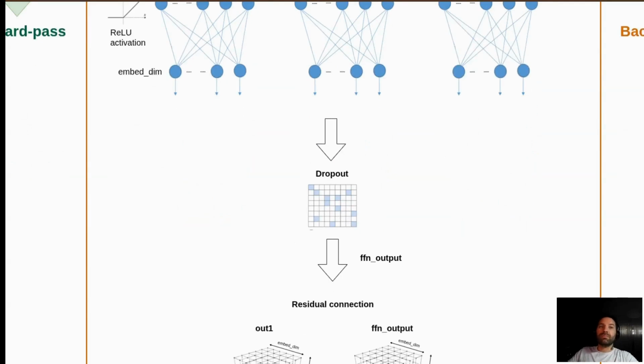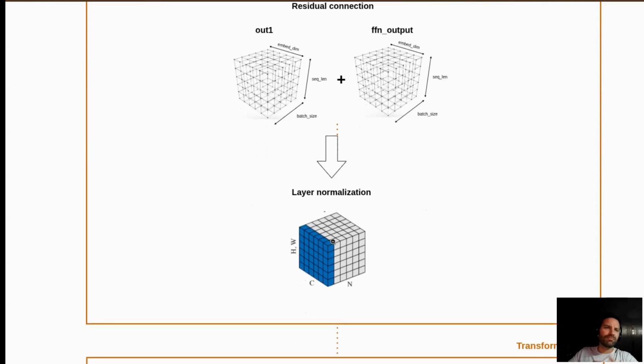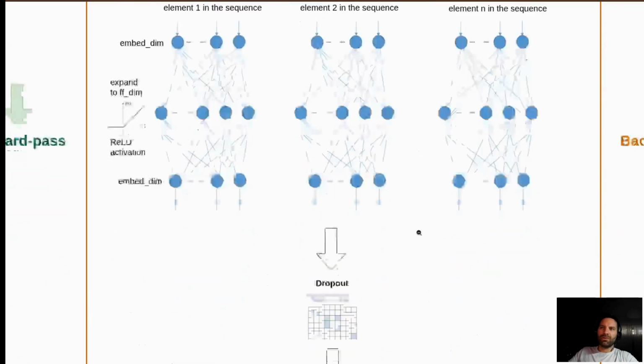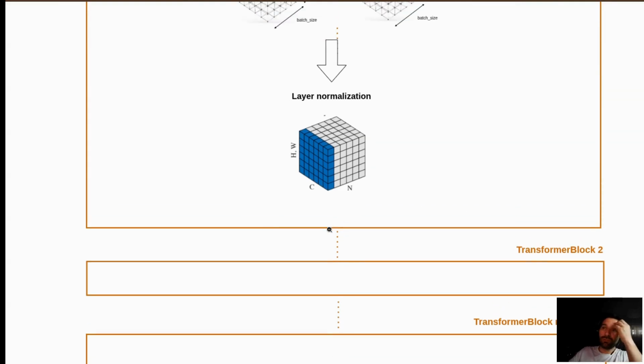Again, another dropout, residual connection, and layer normalization are applied for the same reason, improving robustness and training stability like before. So we just explained one transformer block, but as you can see here, we are going to use multiple transformer blocks. Each transformer block's output is going to be the input for the next transformer block. So why are we using this stack?